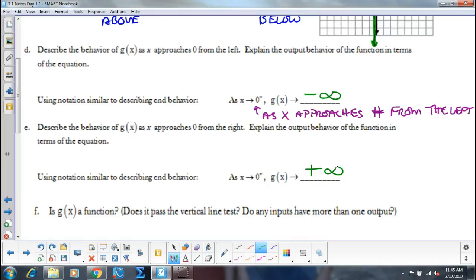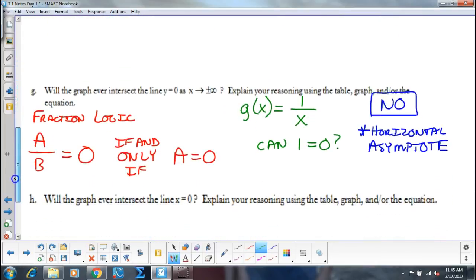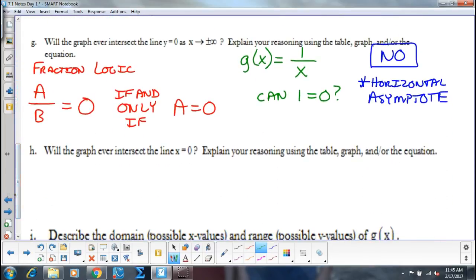Okay. My question is, now, let's skip down to H. Will the graph ever intersect the line x equals 0? Why not, Max? Because the horizontal asymptote. No, y equals 0 was the horizontal asymptote. Now I'm looking at x equals 0.